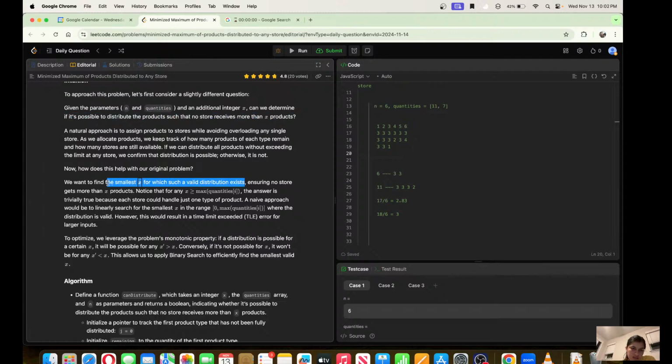Oh, this is the idea. We want to find the smallest X for which such a valid distribution exists, ensuring no store gets more than X products. Okay.